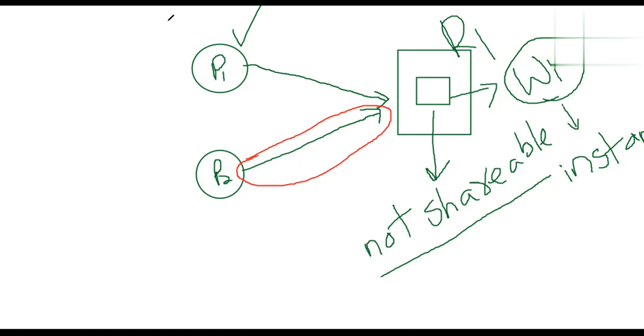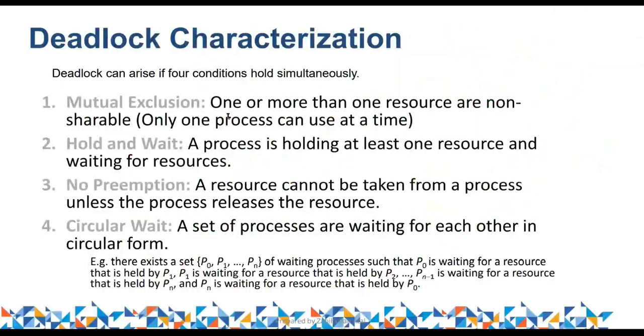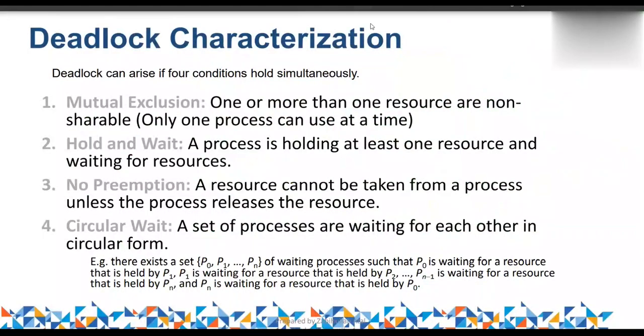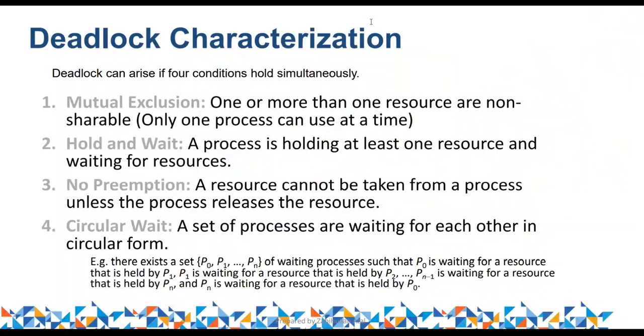So this was mutual exclusion, and it can be a reason for deadlock. As I told you before, deadlock may or may not occur when these four conditions come true. So one condition comes true and the possibility of deadlock is raised.